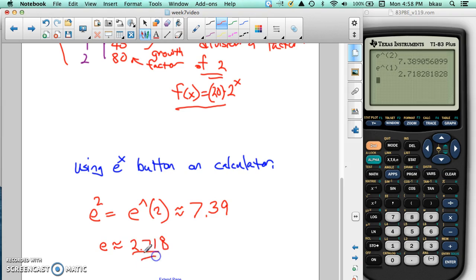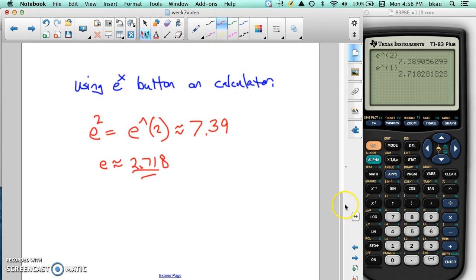And that's what the base of this thing is. It's just e is a number like pi, and e is found by using an equation for compounding interest. That's continuous compounding, which we'll talk about later in this class.